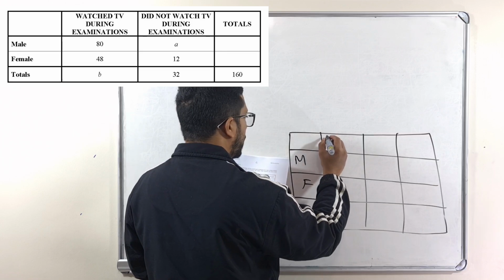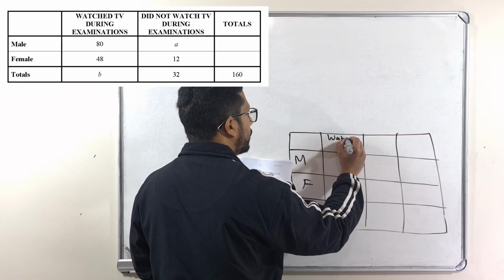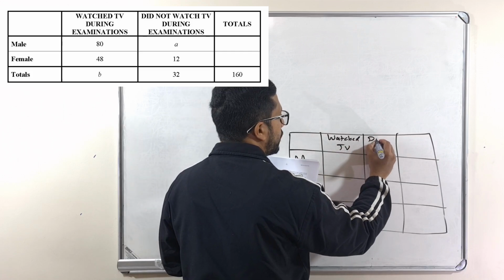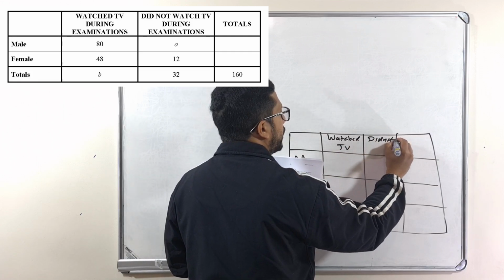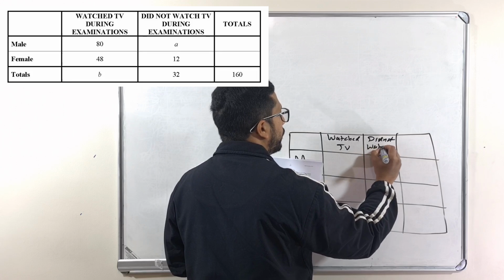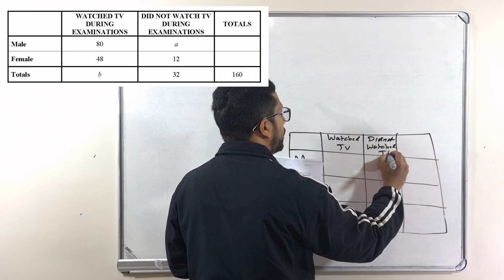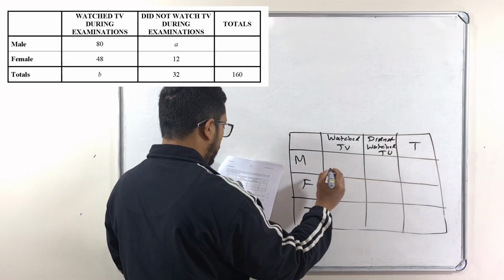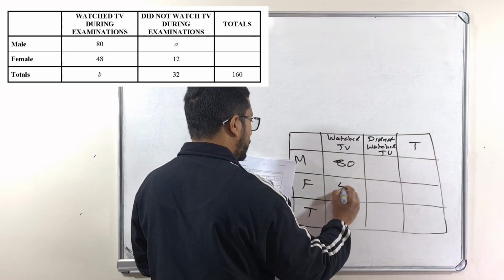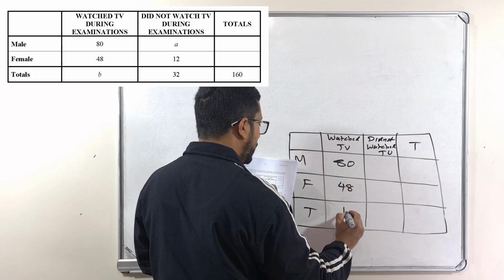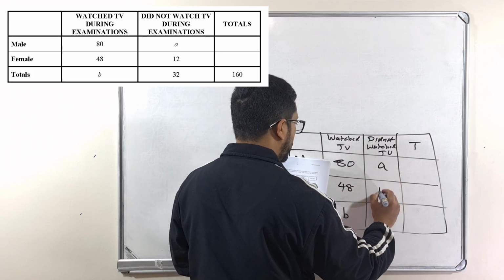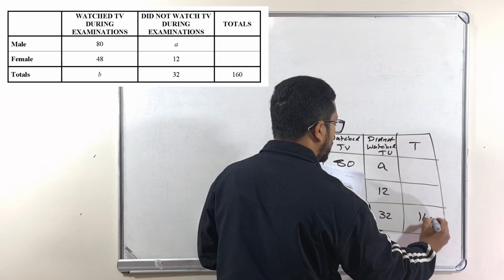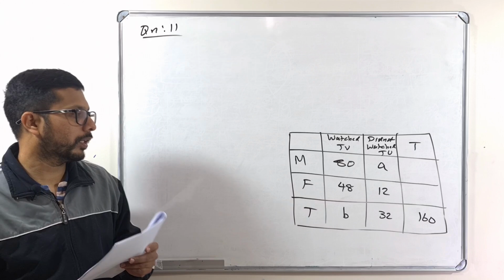Watched TV, did not watch TV during examination, and total. Watched TV: 80, 48, B, A, 12, 32, then 160. Overall total is 160.